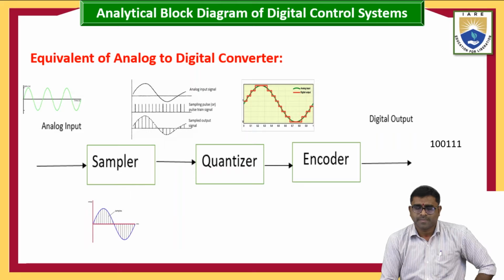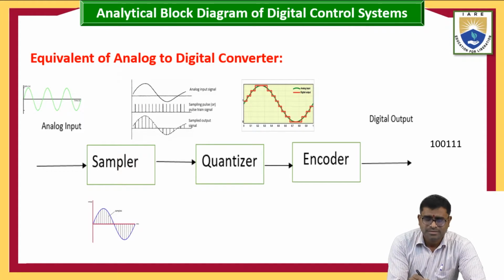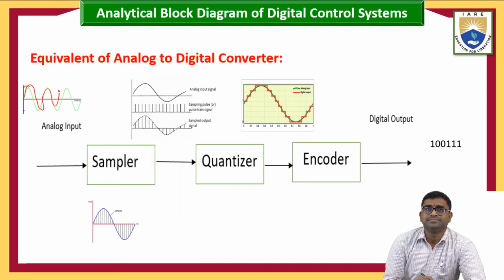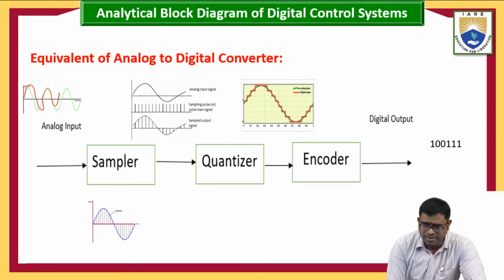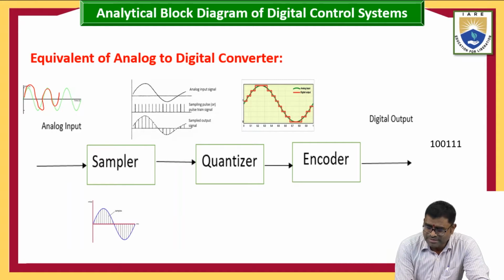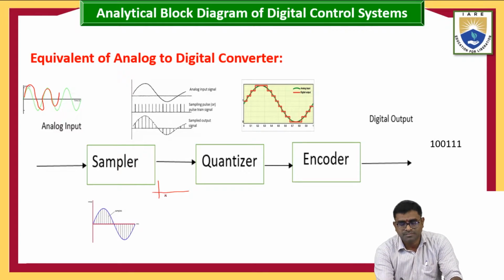see the sampler. Here I am taking the analog signal. This analog signal is going to be the input to the sampler. So what is the sampler output? Sampler will be like this. That sinusoidal waveform is going to be like this.